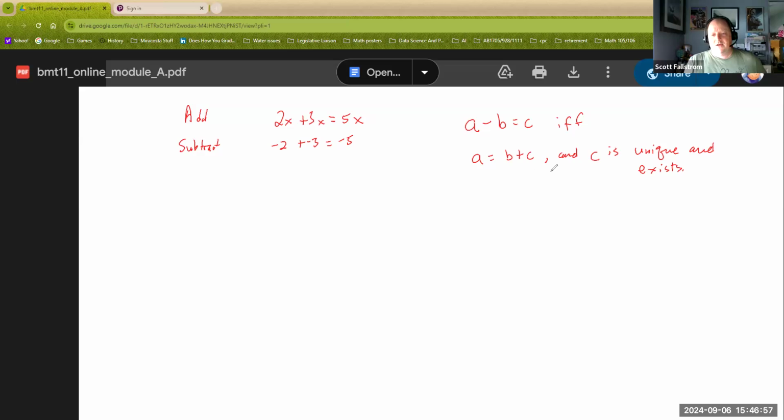That means you can't have multiple answers to a subtraction problem. You have one answer. Unique means you can't have more than one. So this is a really beautiful balance between too many and too few, kind of like the Goldilocks story, if you will.